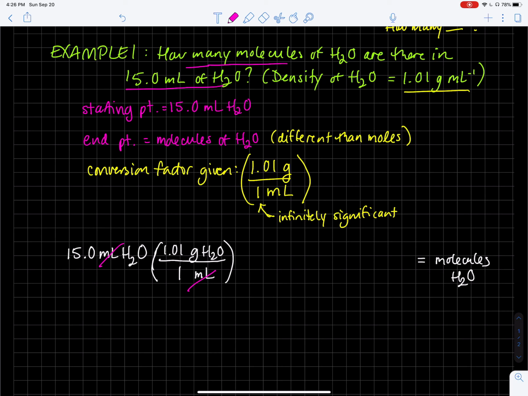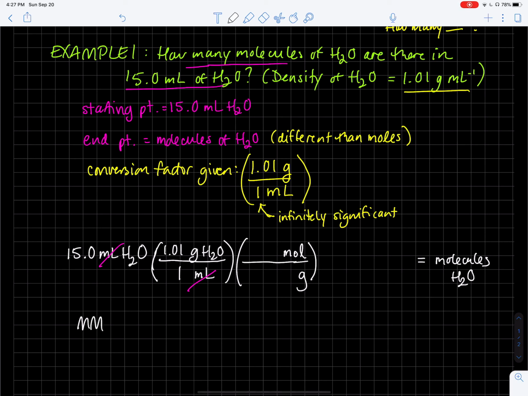And I want to get from grams to molecules. And the way to get from grams, which is a macroscopic thing, to molecules, which is a microscopic thing, is to go through moles. And so I need a conversion factor that will get me from grams to moles. And that is the molar mass.